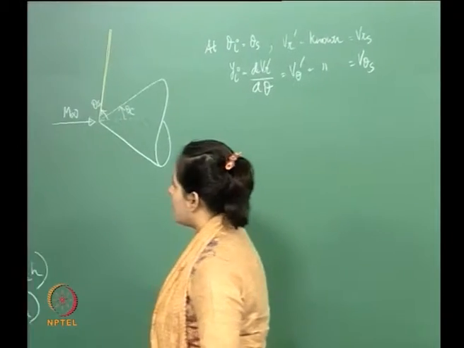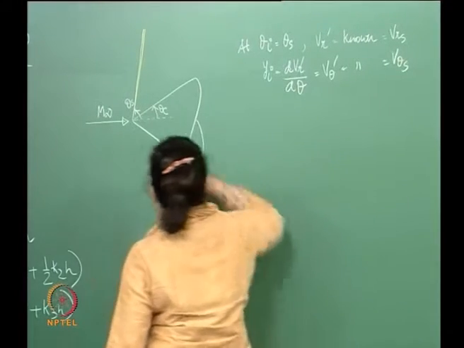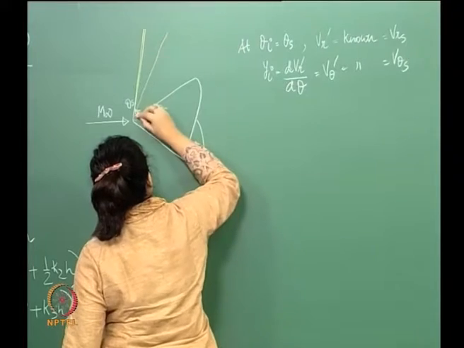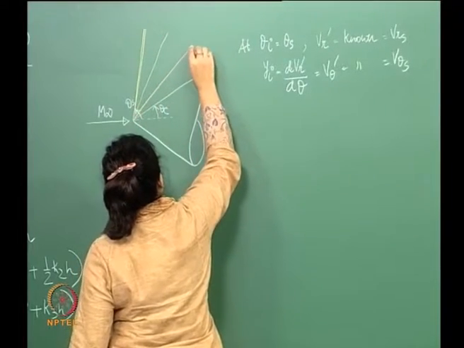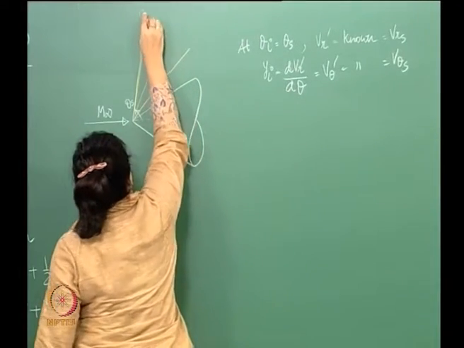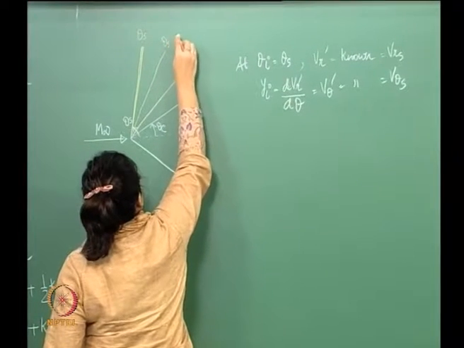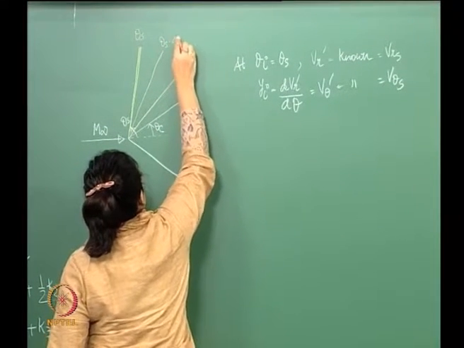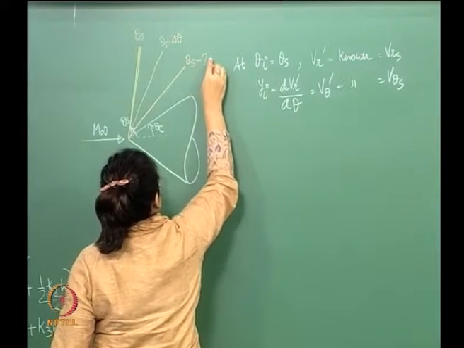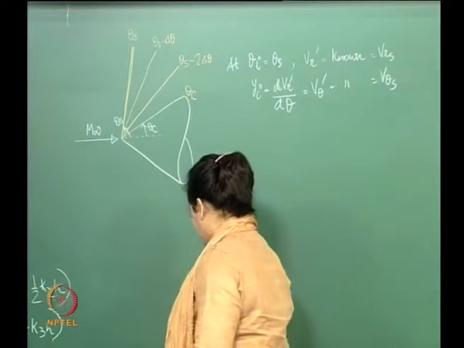So essentially what we are trying to do here is, on these radial lines, this is my theta s, this is theta s minus delta theta, that is theta s minus 2 delta theta, and this is theta c.